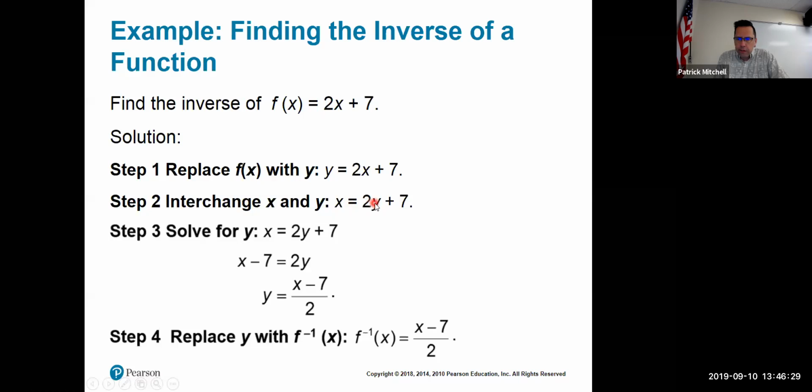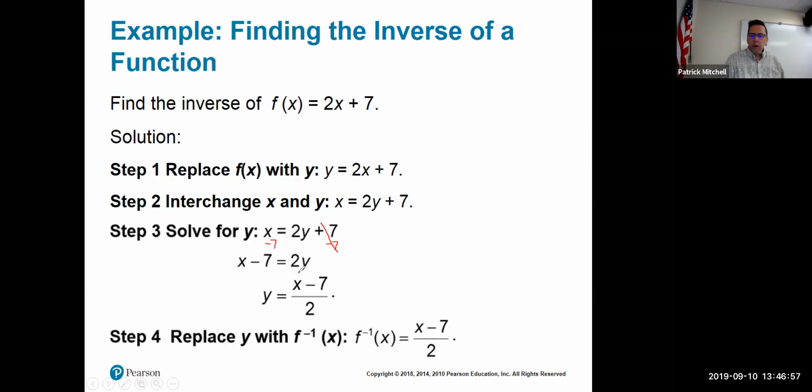All right, so we're going to solve this thing for y. So we start with x equals 2y plus 7. The first thing I'm going to do to solve that for y is subtract 7 on both sides. See that? So the plus 7 minus 7 on this side cancel and just leave me with x minus 7 equals 2y.